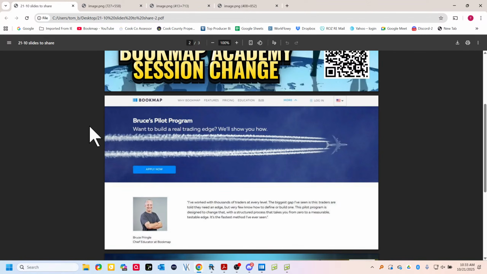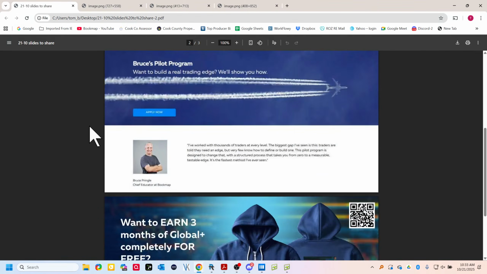So edge is a statistical probability, not a predictive thing. I hope you can get the sense that there is a big difference between needing to know, needing to avoid risk, looking for confirmation, and not looking for those things, but instead extracting metrics that give you an edge. And this is very much how gaming works. And Bruce's pilot program can help you move in that direction.